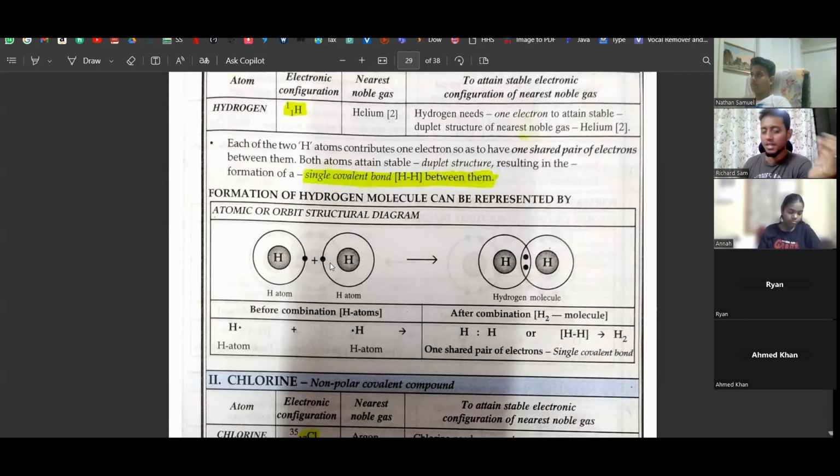So it won't give. So what they both do is they share their electrons. So now these 2 electrons, one from one hydrogen, one from the other hydrogen, are shared. So these 2 electrons belong to both the hydrogens. So the first hydrogen also has 2 electrons. The next hydrogen also has 2 electrons. Okay. All right. So let's see how to draw this.